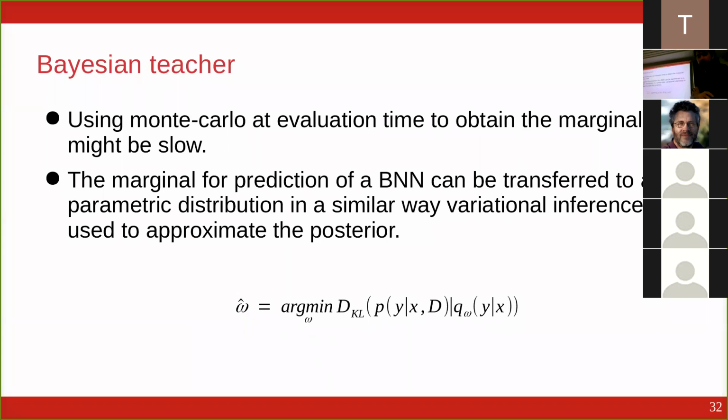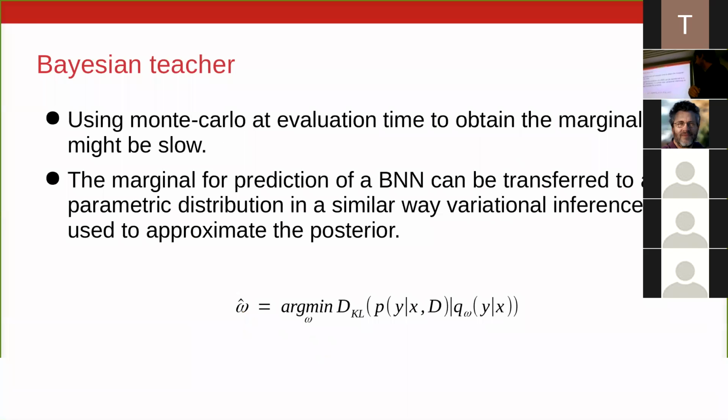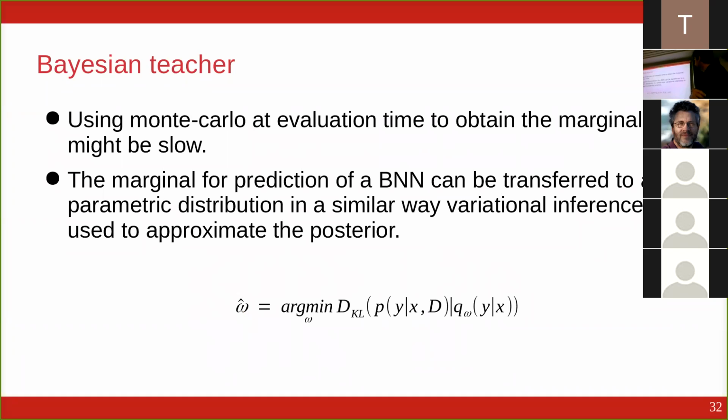Another thing you can do is, well, you don't want to use Monte Carlo at evaluation time. So, okay, you do that a few times on a training set, and you get as labels both the maximum a posteriori estimate and some measure of uncertainty.